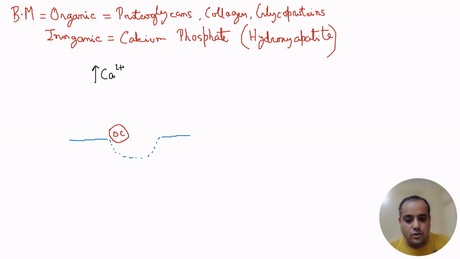Now during the process of resorption, as you can see, there will be these kinds of scooped out regions, right? These scooped out regions that occur during resorption are known as the Howship lacunae.